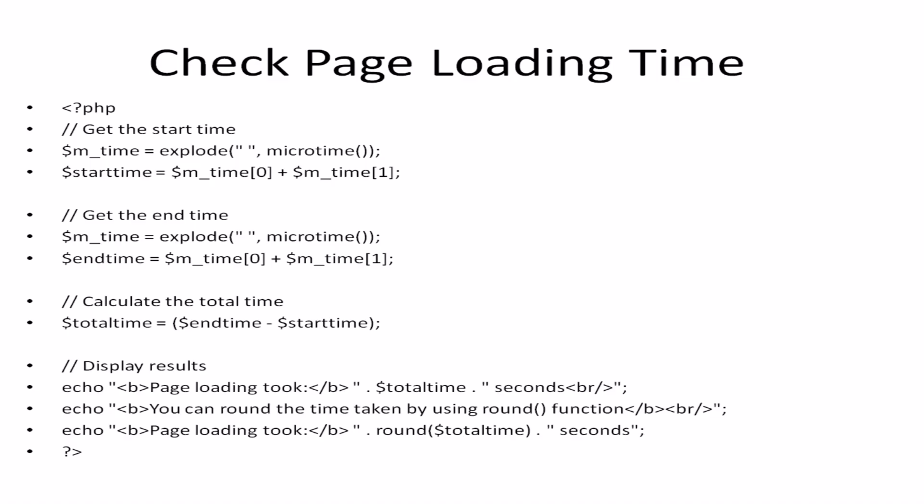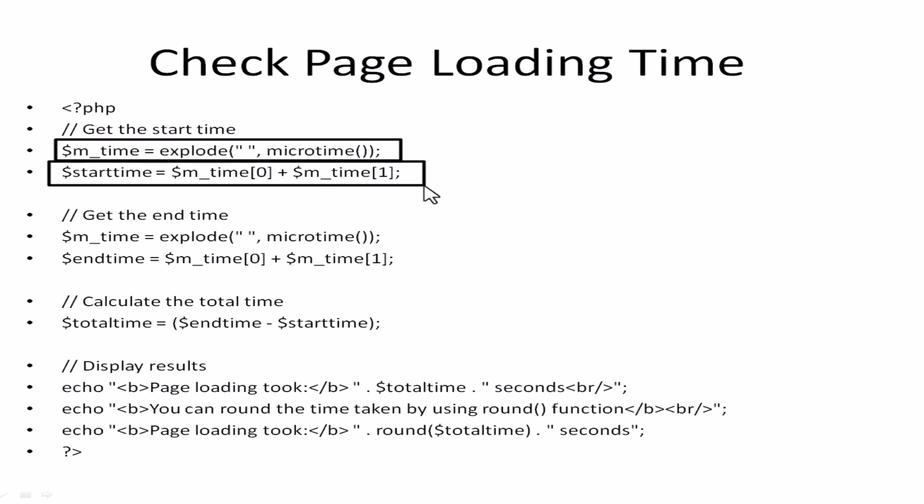So next, checking the page loading time. If you want to check how many milliseconds it takes to load the web page, here we have given microtime, which starts with the time. So here we have given a start time, where we use m time plus the array element which we have included, one.